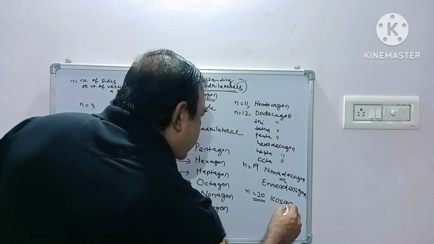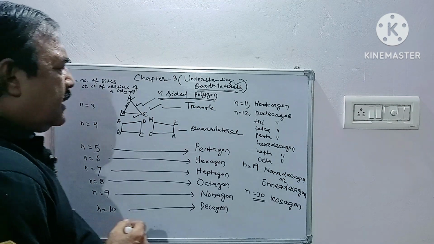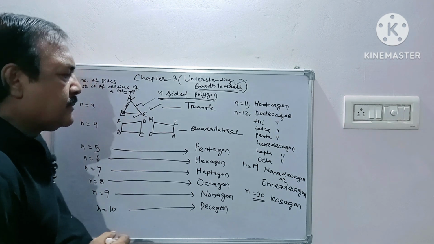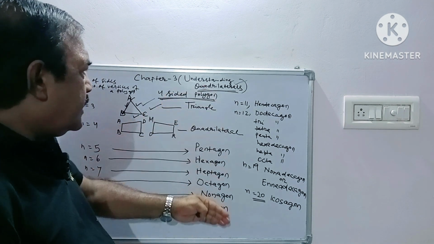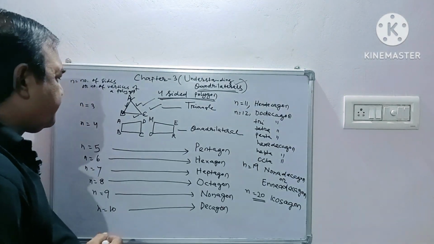Icosagon. You may tell icosagon. Like this, you will name the polygons.